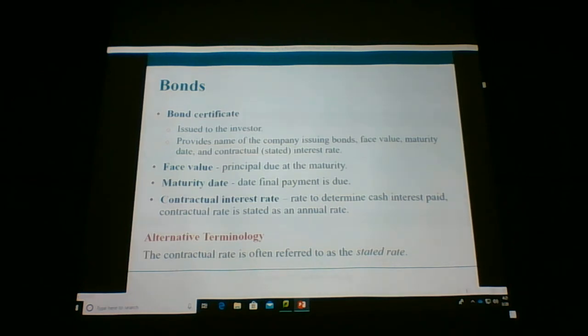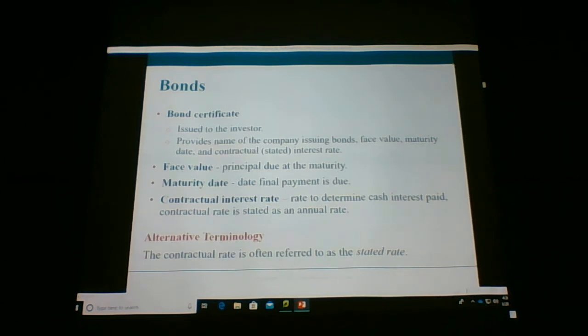Now, bonds are generally considered a long-term obligation or a non-current liability because typically they last about 10 years as a general rule of thumb. So these are non-current liabilities, but bonds payable is most definitely a liability for the company. Okay?